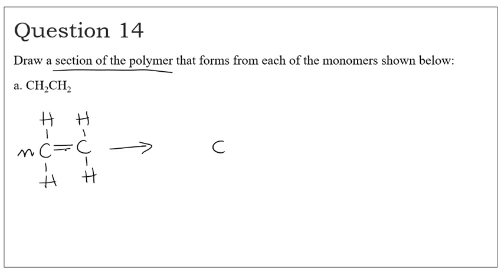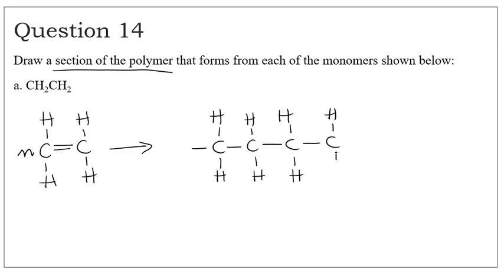Try to set out so that the double bond is the backbone and everything else is moved either up or down. It makes it a lot easier to draw the polymer because all you need to do is to break the double bond. So I'm going to have the hydrogen exactly where it is originally, and then I'm going to link this monomer with another monomer that also has the double bond being broken, like that.